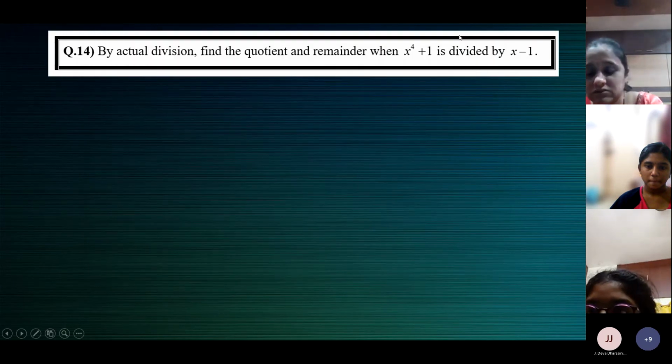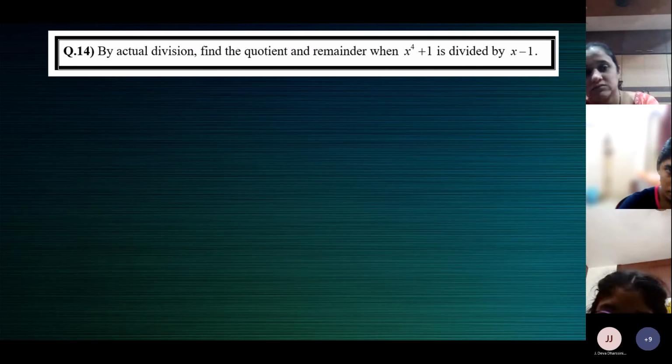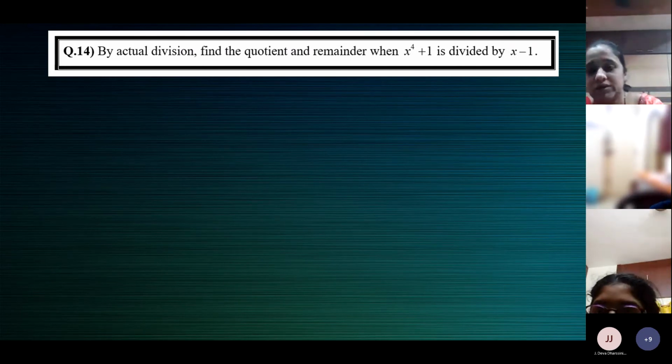Started working, children? By actual division, that means the long division. Find the quotient and remainder.